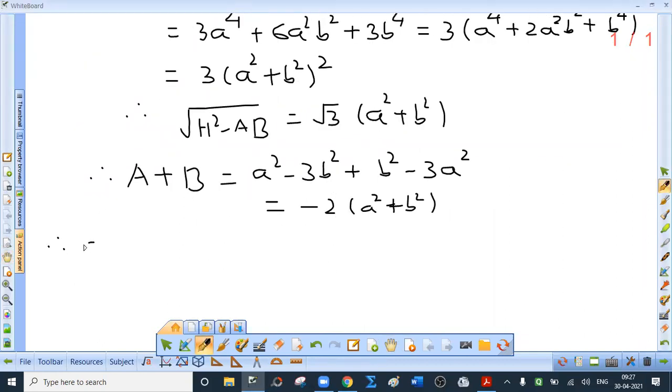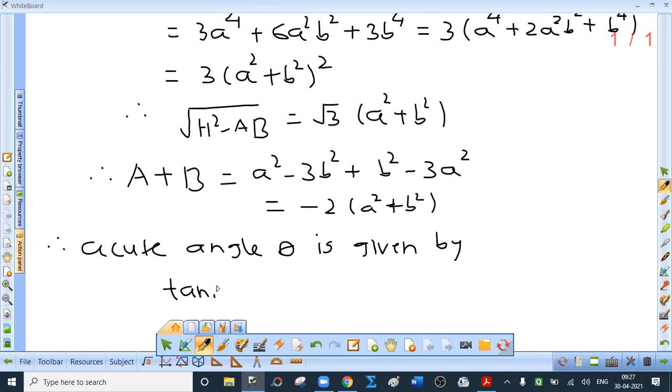Then I will write, therefore acute angle theta between lines is given by, here you have to read between the lines in the topic pair of lines. Tan theta is mod of 2 root of, remember we have used capital letters, h square minus ab upon a plus b.